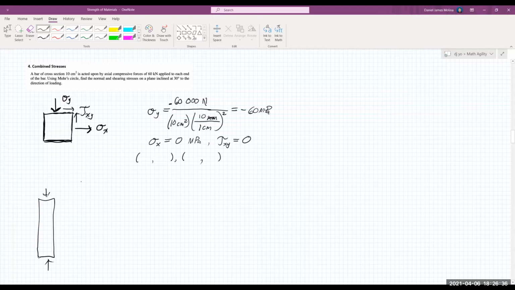So the endpoints can be sigma x for the x coordinate and then shear for the y coordinate. So sigma x, tau xy, sigma y, negative tau xy. It can also be flipped. So we have 0, 0 for the first point, and then we have negative 60, 0 for the second point.